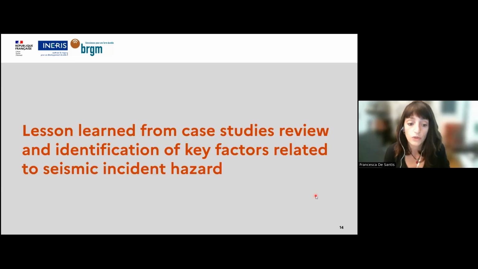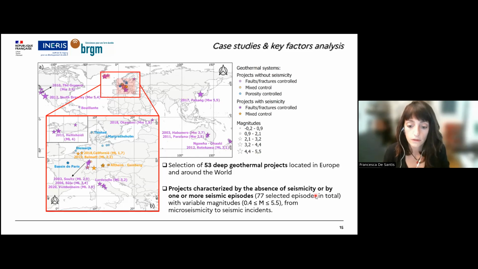So for what concerns the lessons learned from the case study review, what we have done is that we have selected about 50 deep geothermal projects which are located in Europe and around the world. These projects are classified based on the 3 types of geothermal system which we have defined before. So you can see them in different colors in the map.